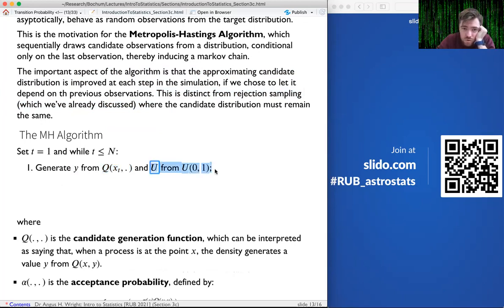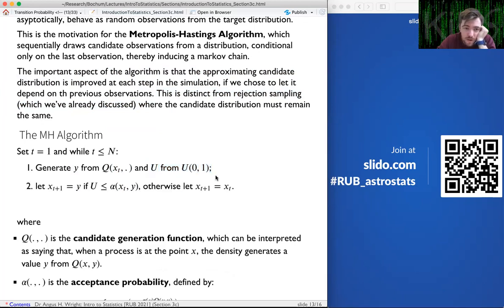And we also then draw a random variable from the uniform distribution 0 to 1, just like we did in our rejection sampler. We then define the next step in the chain as the value that we just generated, y.